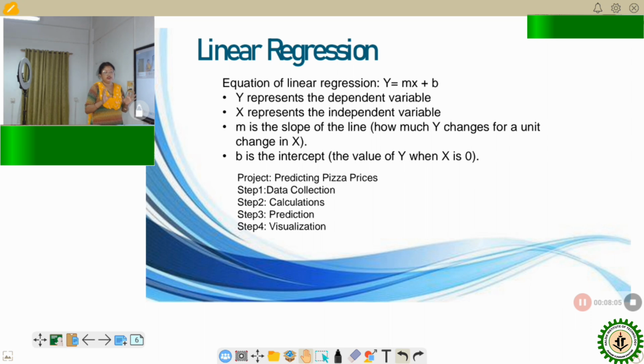Then you calculate m and b, then you predict the prices of pizzas.